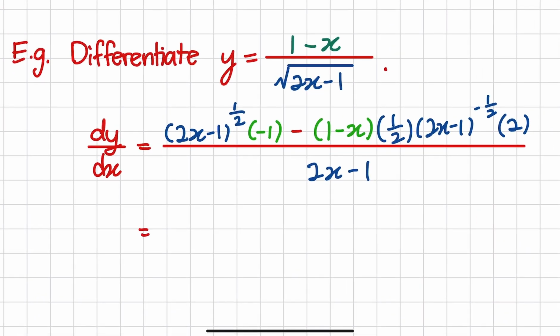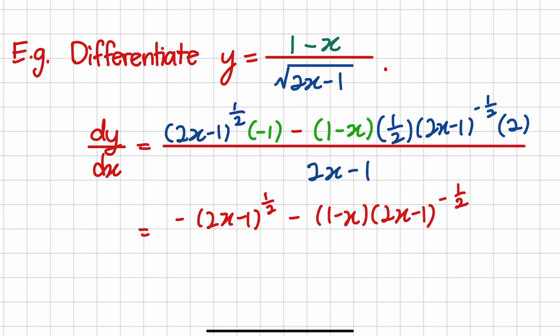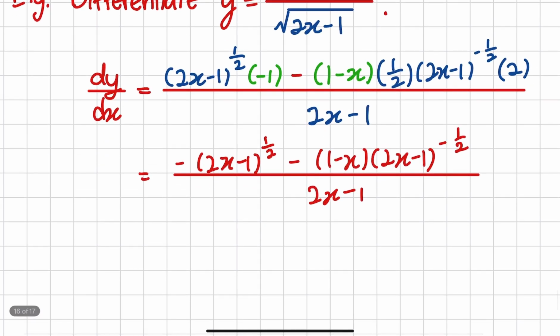By simplification, I'll get negative of 2x minus 1 power half, minus away 1 minus x times 2x minus 1 power negative half. This half will multiply to 2. I'll get this over the denominator 2x minus 1. To simplify my numerator, I can factorize out 2x minus 1, the whole thing power negative half.